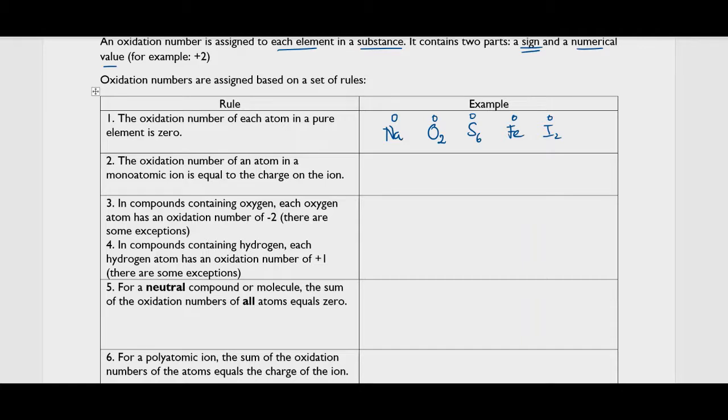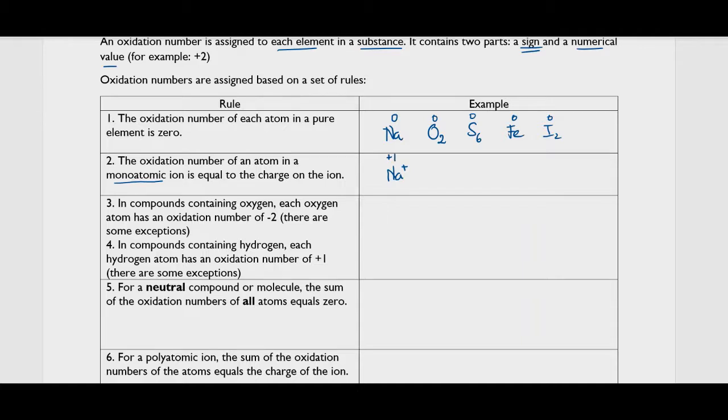Let's look at rule number 2. The oxidation number of an atom in a monoatomic ion is equal to the charge of the ion. Now monoatomic just means that the ion contains 1 atom. So if I have a monoatomic ion such as Na+, the charge of this ion is 1 plus, then the oxidation number will be the same as that, which is positive 1.